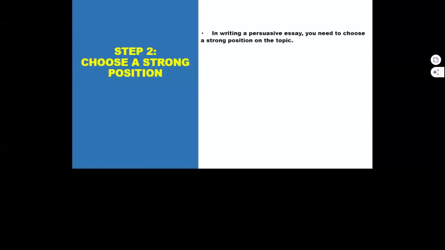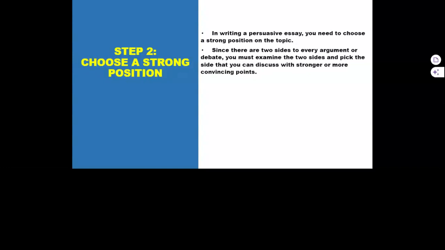In writing a persuasive essay, you need to choose a strong position on the topic. Since there are two sides to every argument or debate, you must examine the two sides and pick the side you can discuss with stronger or more convincing points.